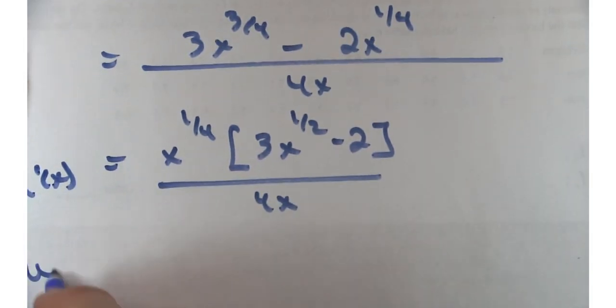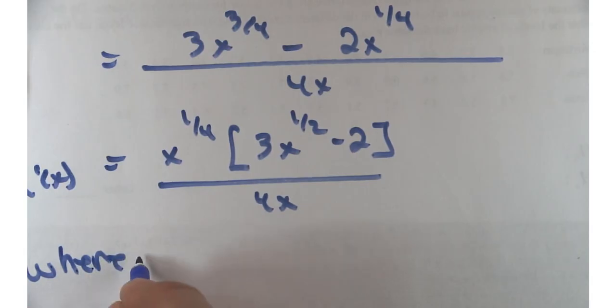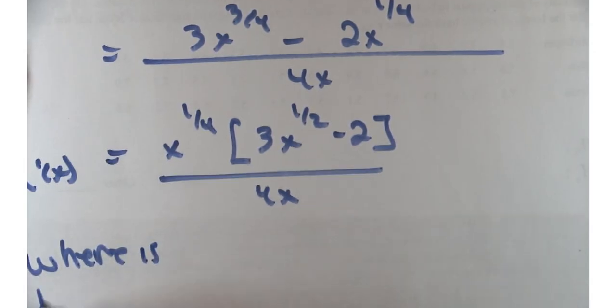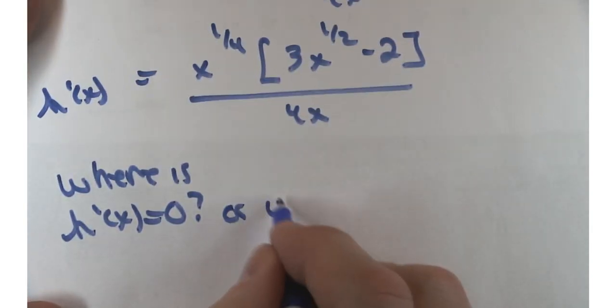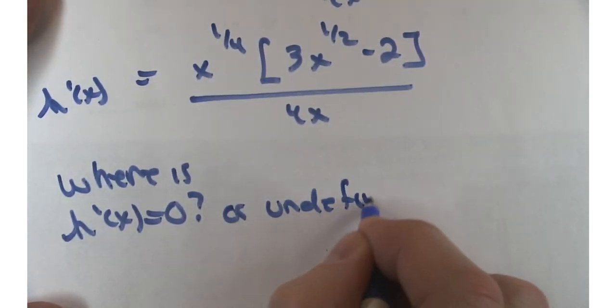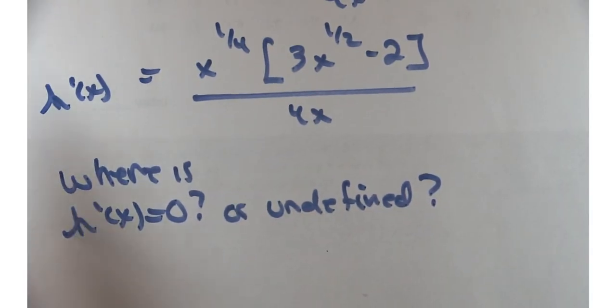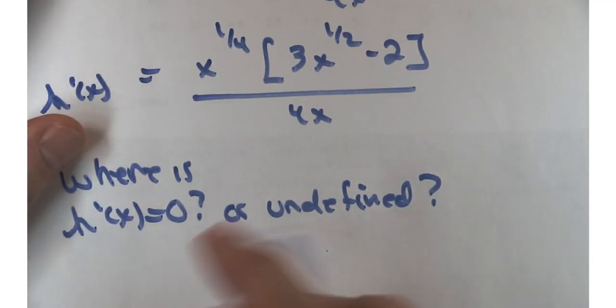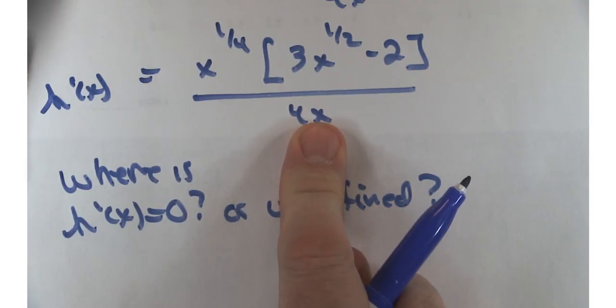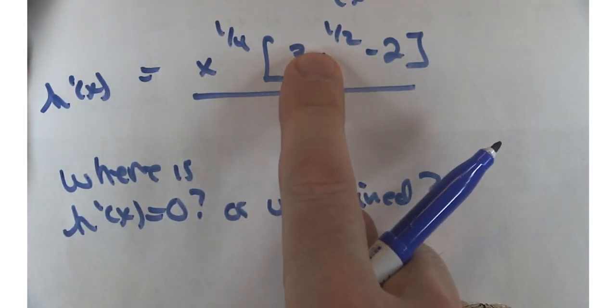So the question is, where is h prime of x equal to 0 or undefined? Undefined is there. Yeah, x equals 0. So it's undefined where the denominator is 0, and it's equal to 0 where the numerator is 0.